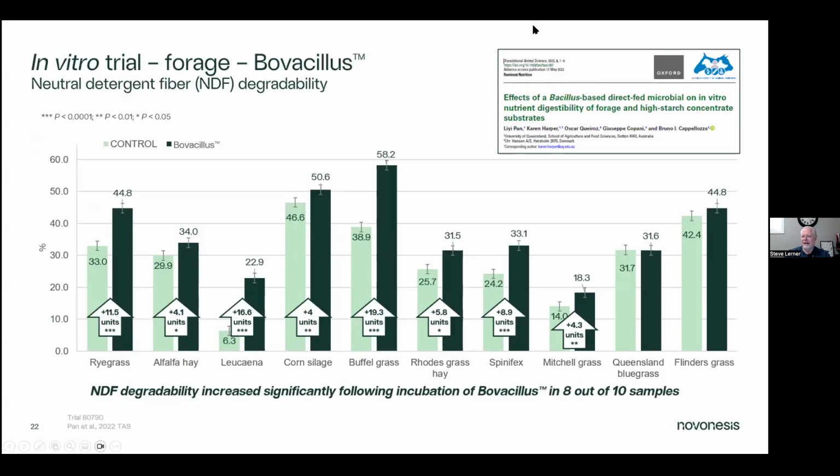Looking at different forages, we looked at 10 different sources from ryegrass to Flinders grass, and in 8 out of 10 samples taken, we saw a significant increase in NDF digestibility when Bovacillus was used in the assay.